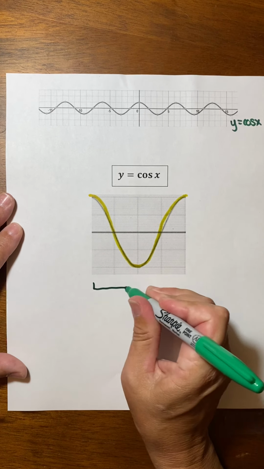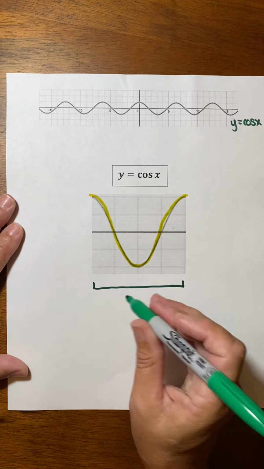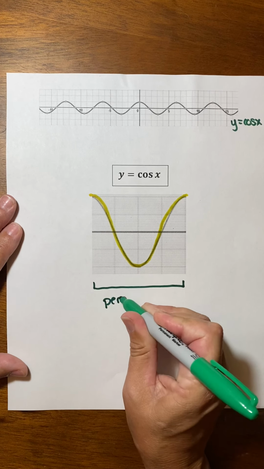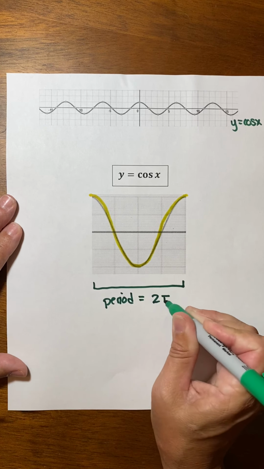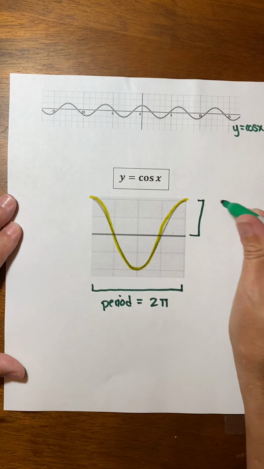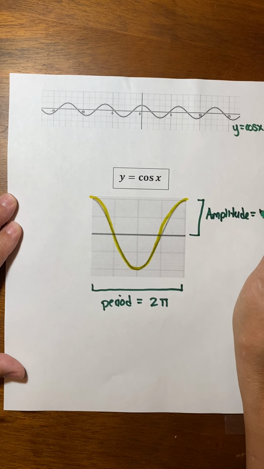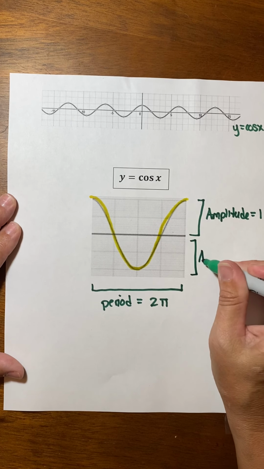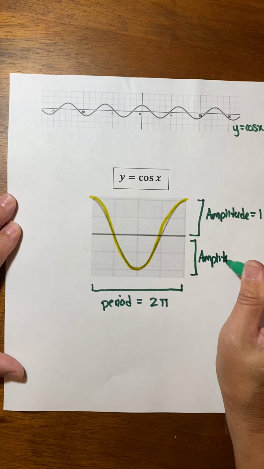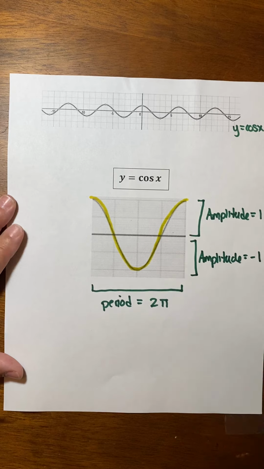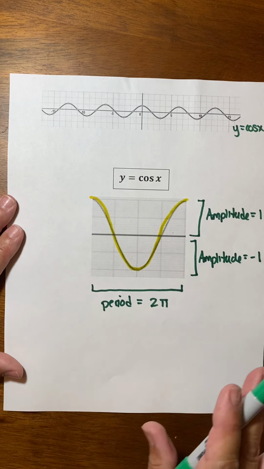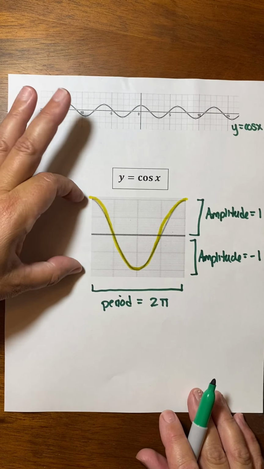So the period of regular y equals cosine of x is 2 pi. The amplitude, it also goes between 1 and -1. So the domain would be all real numbers, and the range would be from -1 to 1.